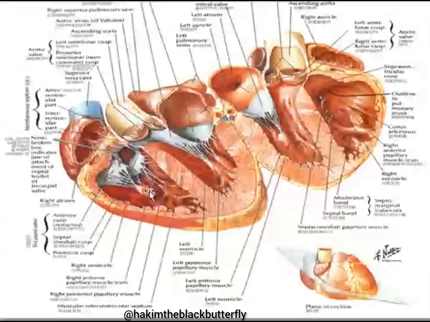What else are we seeing? We are seeing that our papillary muscles on the right are smaller than our papillary muscles on the left because of the thick wall of the left ventricle and its strength. Stronger contraction, stronger and bigger muscles.